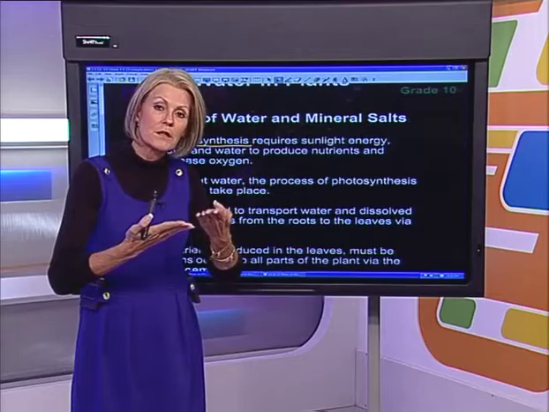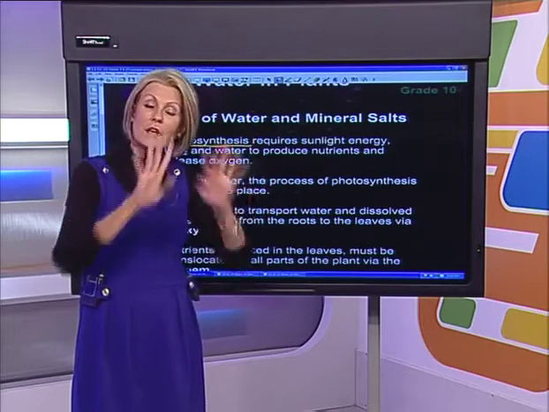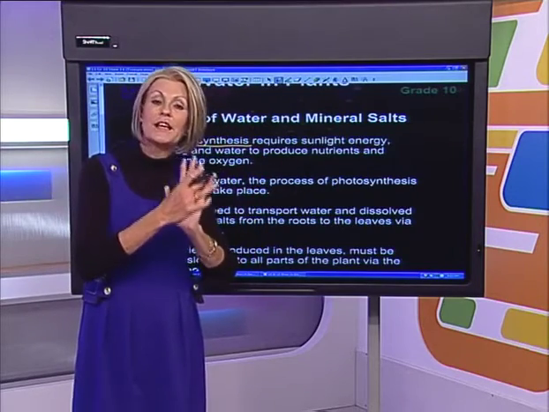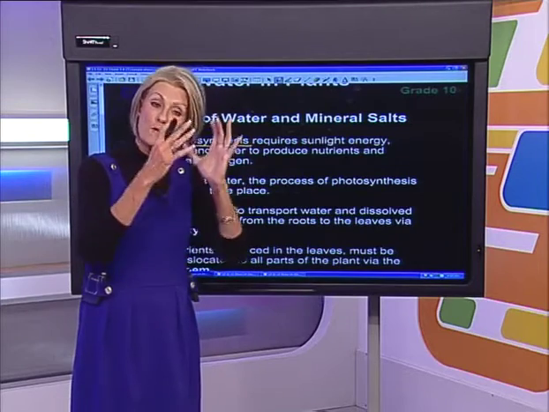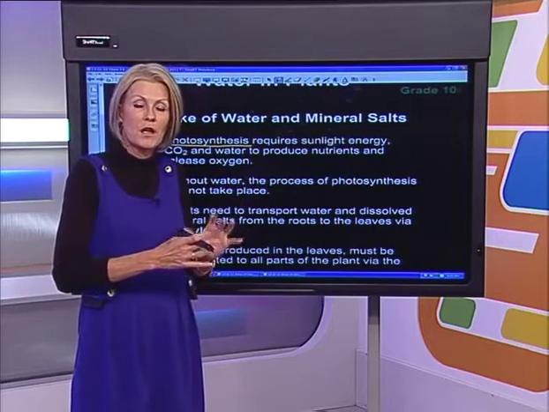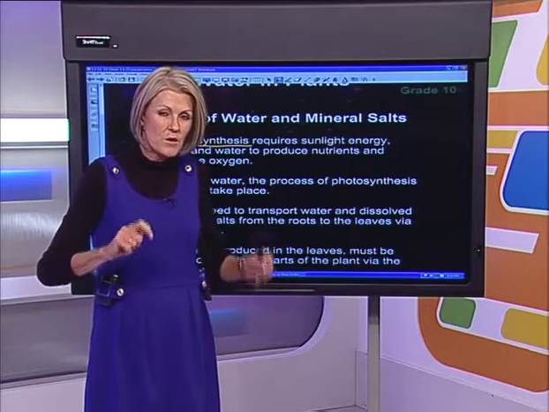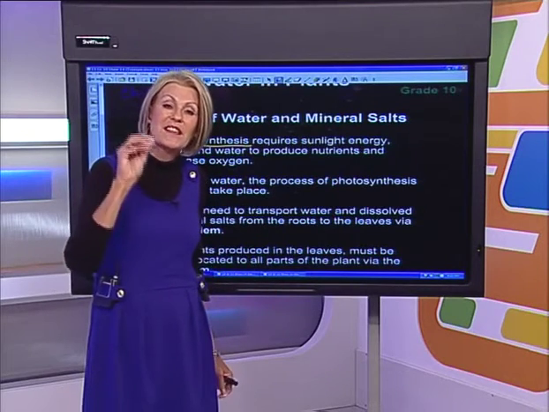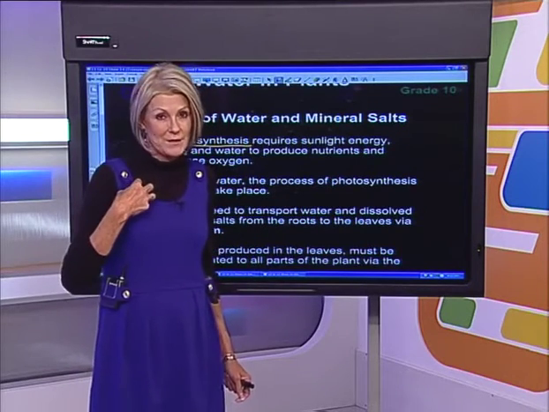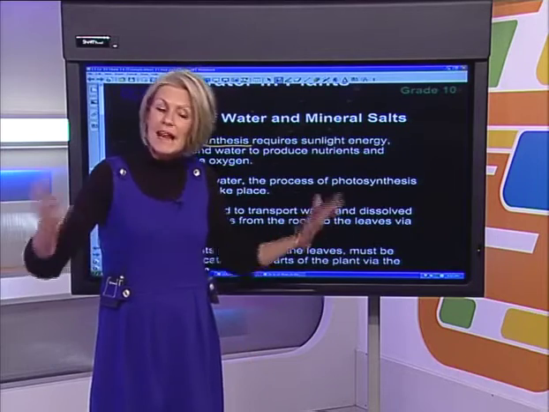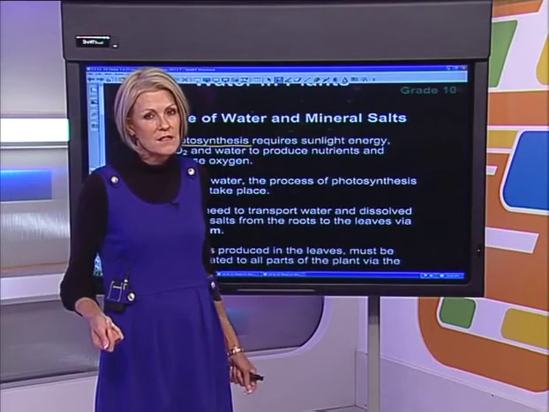Now, just to recap, photosynthesis is the process whereby a plant containing chlorophyll takes energy from the sun, water from the soil, and carbon dioxide from the air, and puts those three ingredients together to make food or nutrients for the plant, and the oxygen is released as waste. Right, so it is a very important process, because that is why we as animals are able to breathe. We need plenty more oxygen than a plant does.